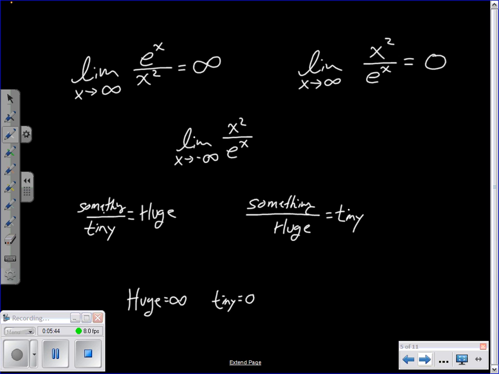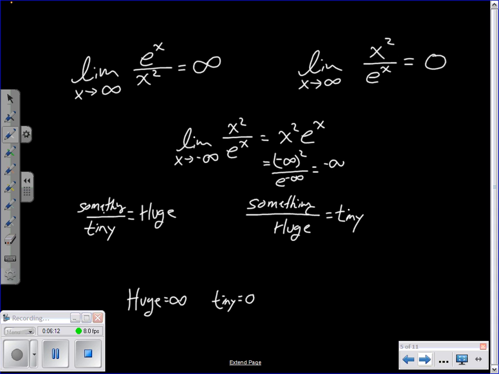In the case of the limit as x approaches negative infinity of x squared over e to the x, what's happening here is I have x squared over e to the x. If I plug in a negative for my exponent, it creates a reciprocal. So really what I'm looking at here is something like negative infinity squared over e to the negative infinity, which is what we have up here.